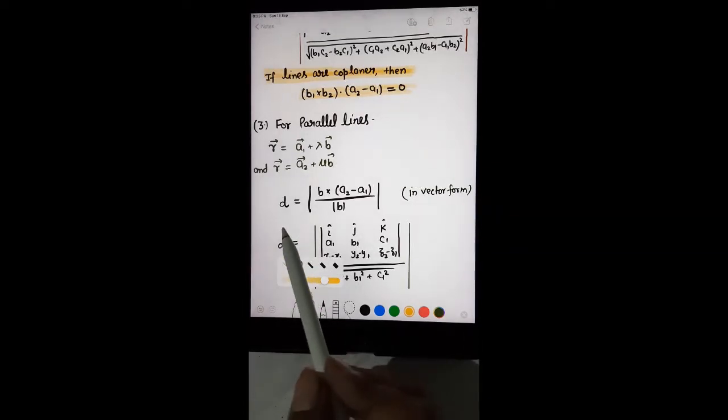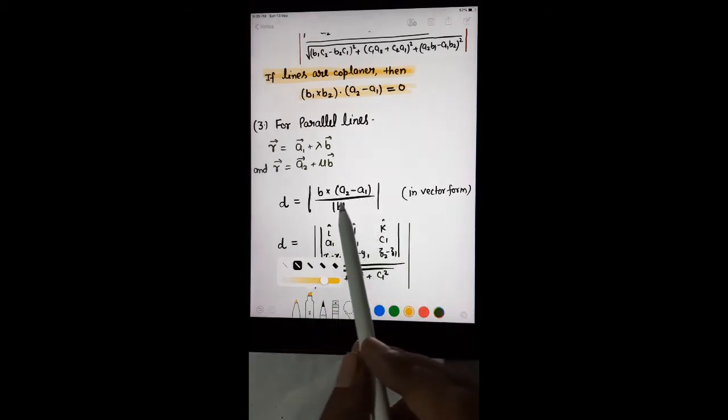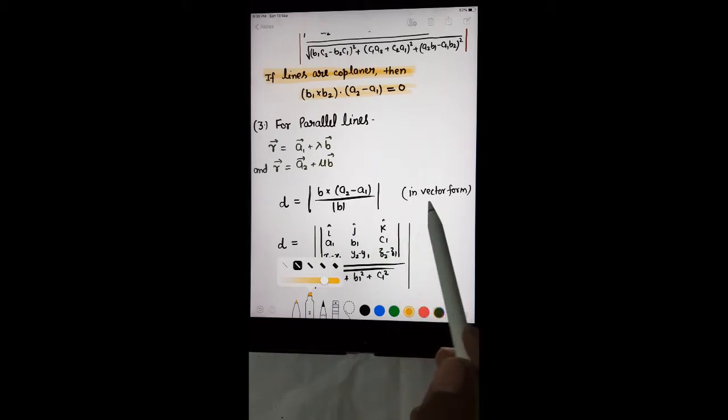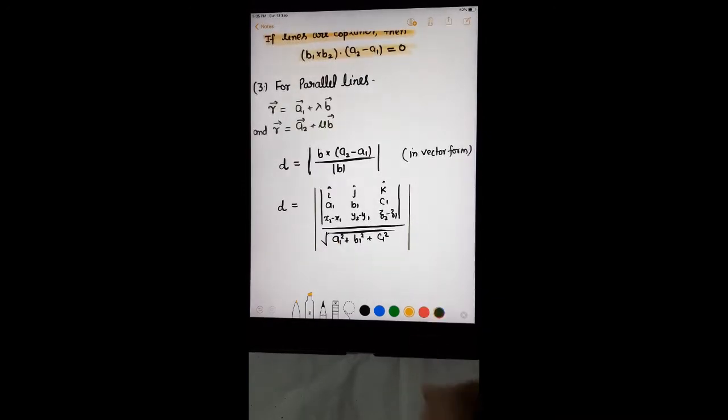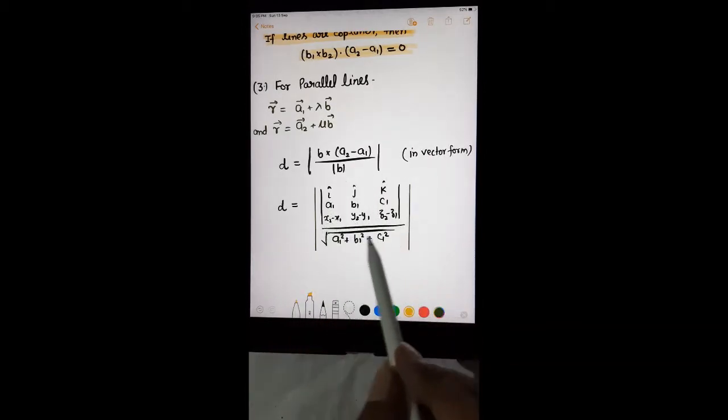Then the distance between the parallel lines we can find by the magnitude of b cross a2 minus a1 upon magnitude of b. This is in vector form, and if equations of lines are given in Cartesian form, then we can find the distance between them by using this formula.